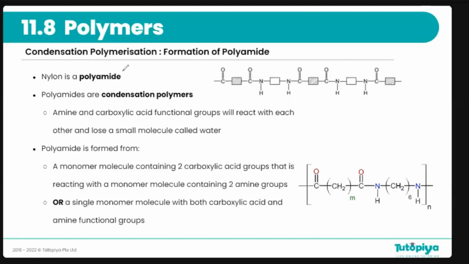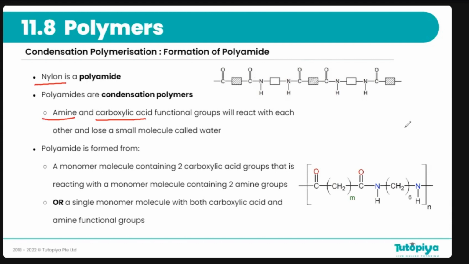Now let's look at the condensation polymerization of a polyamide. Here you would see an amide linkage. An example for a polyamide is nylon. Polyamides also undergo condensation polymerization. So here we need an amine and a carboxylic acid functional group. It's not just any amine or carboxylic acid.